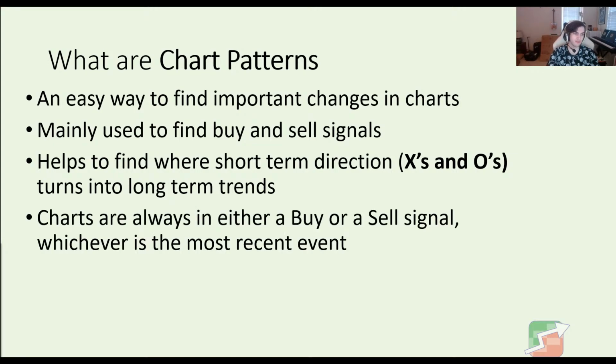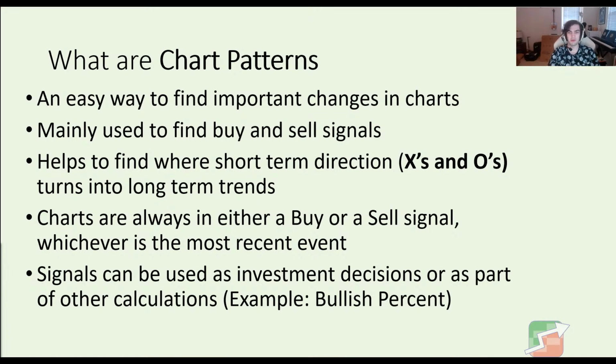And our charts are always in either a buy signal or sell signal, whichever one is the most recent event, whatever one has happened most recently. So again, a stock will be in a buy signal until it's in a sell signal. Then it'll be in a sell signal until it's in a buy signal.